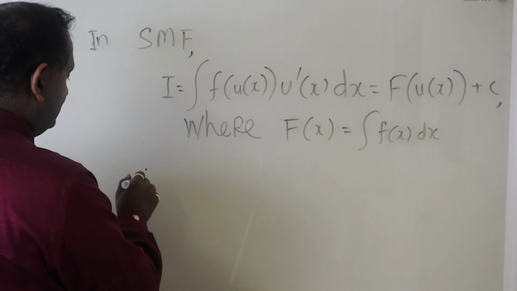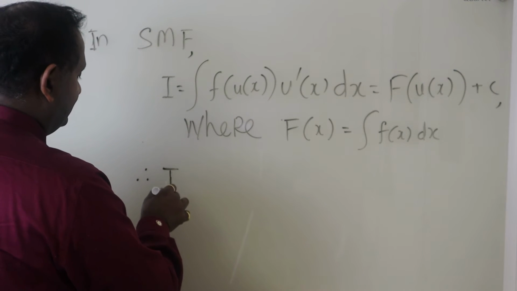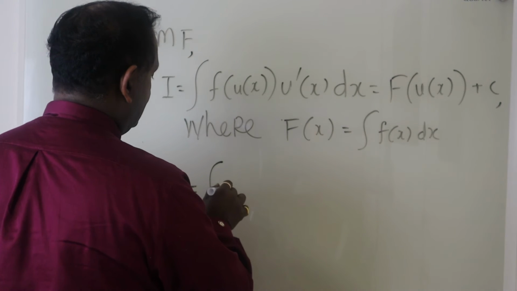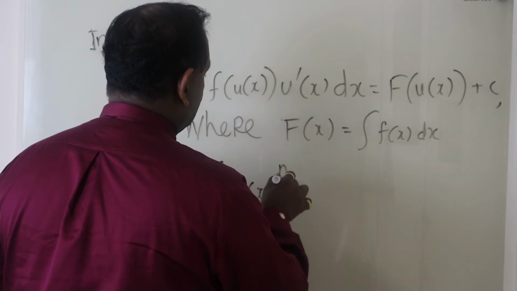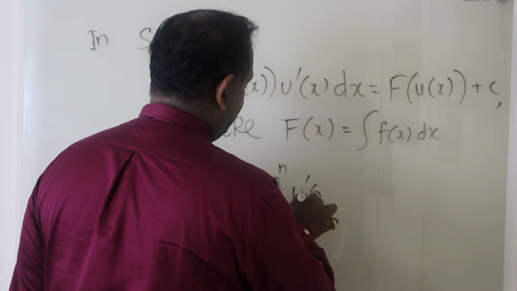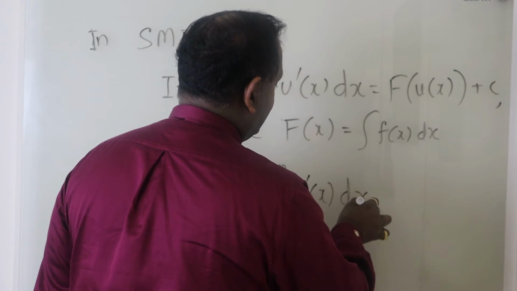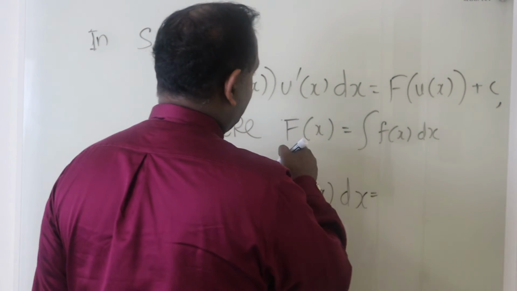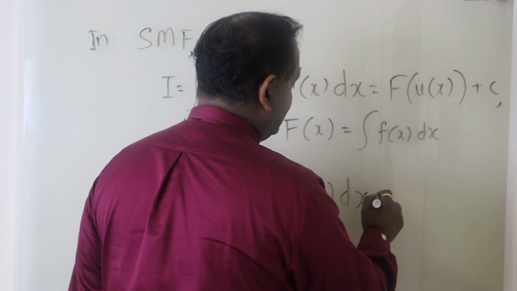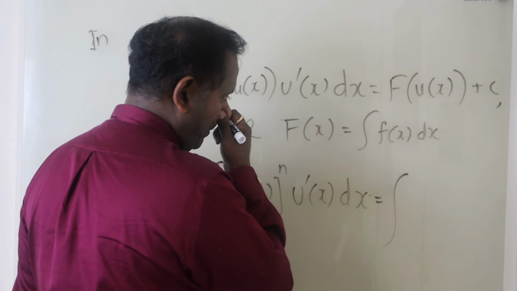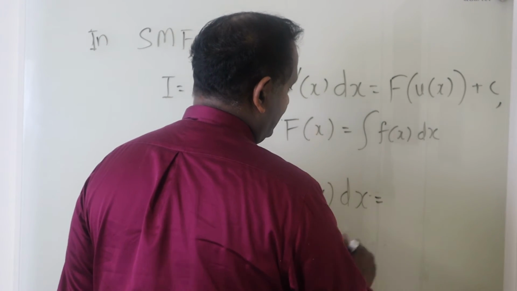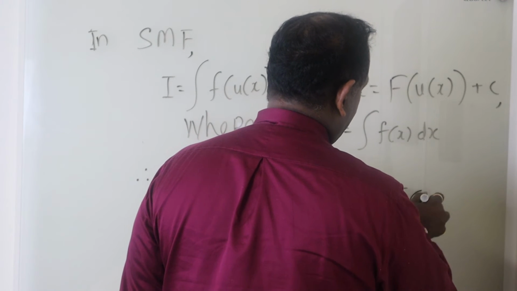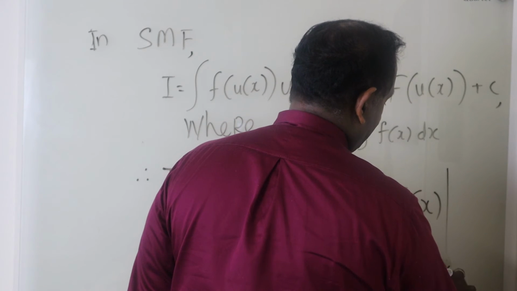So therefore, I equals integral ux to the n, u prime x stays the same, dx, and here this means that we are integrating f of x. See, if you want I can write the F of x, it's nothing but F of x, and x has been replaced by ux, plus c.